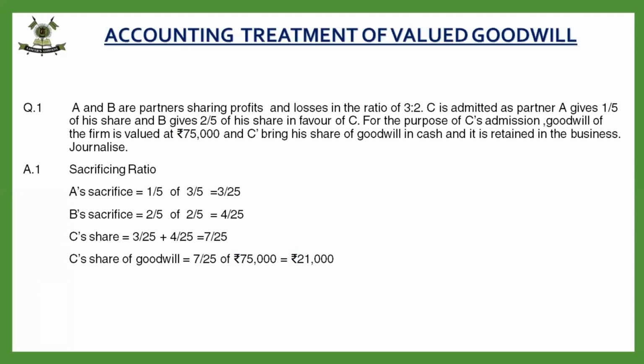Can I have the ratio first? It will take time to write the journal entries, so you can tell the ratio first. What is the ratio in which this 21,000 brought by the incoming partner will be distributed?